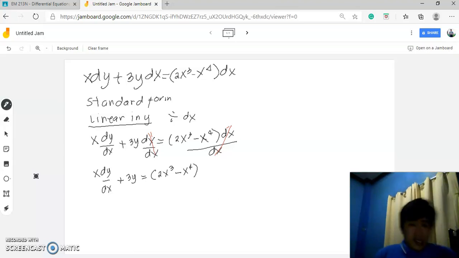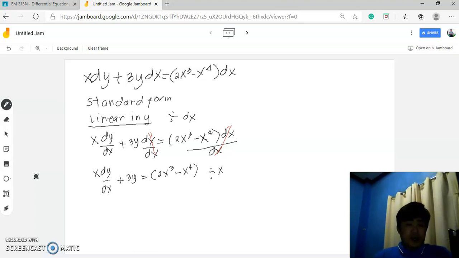But in this case, is this already the standard form of linear in y? Remember, the standard form of linear in y is dy over dx plus y, p of x, equals q of x. So if you look here, we still have x. Our target here is to make this the same as our standard form. So we need to eliminate this by dividing both sides by x.